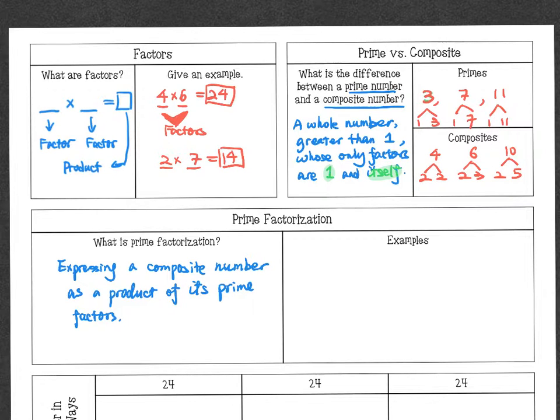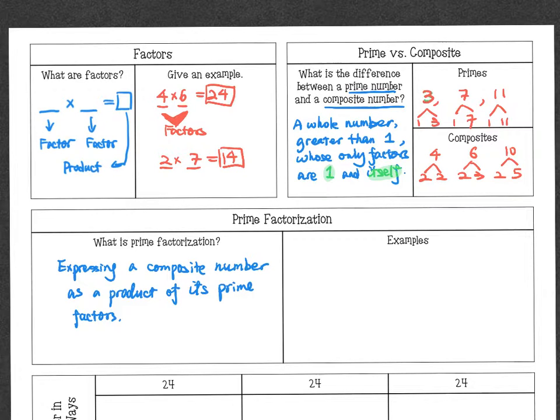So let me explain that. It just means to rewrite any of the composite numbers, remember composite numbers have several prime numbers hidden in them, rewriting them with those prime numbers with multiplications.